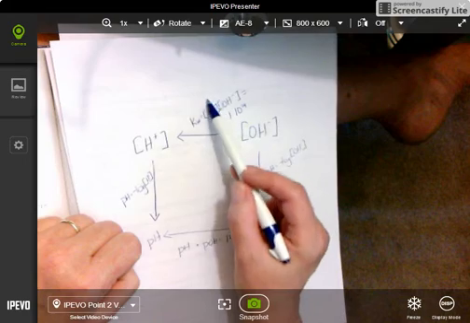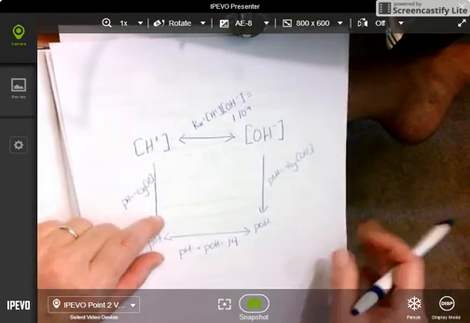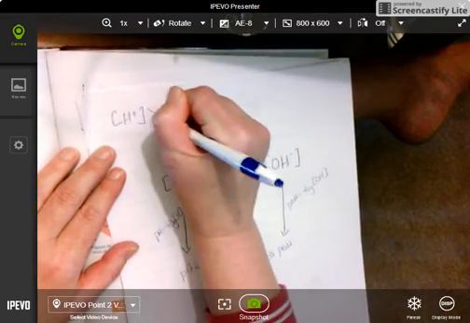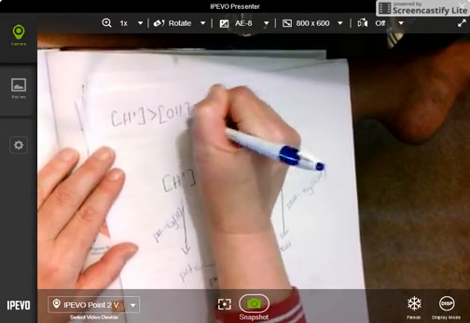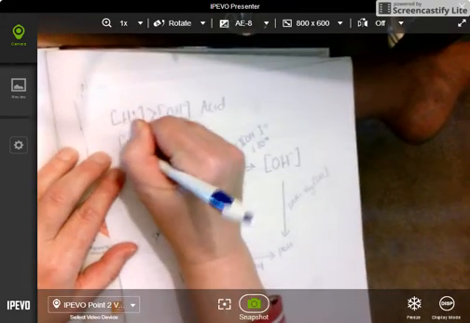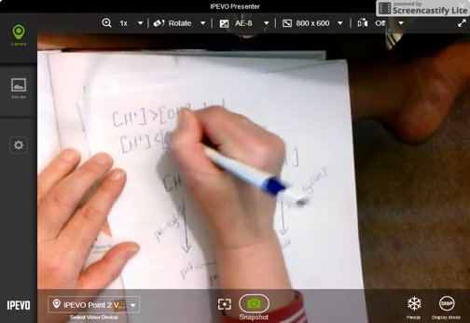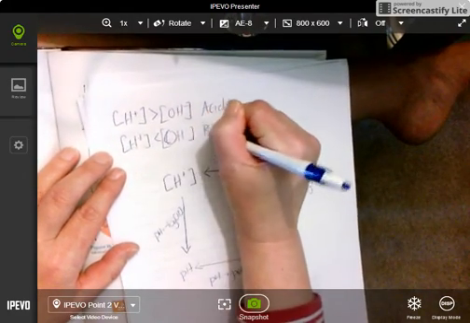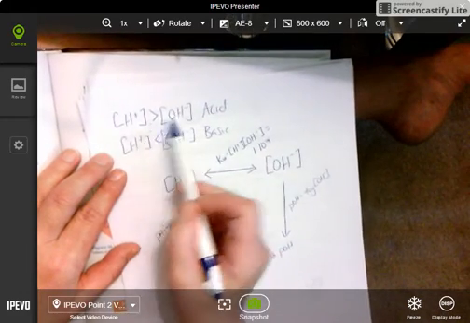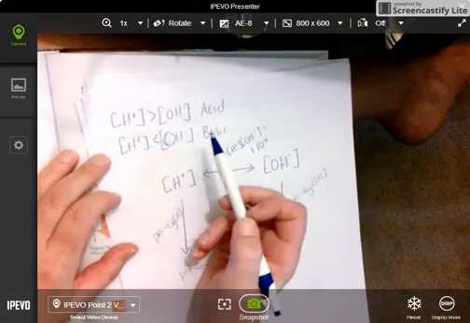So if a solution has more hydrogen ions than hydroxide ions, then it's acidic. If it has less hydrogen ions than hydroxide ions, then it's basic. So if this is higher, it's acidic. If this is higher, it's basic.